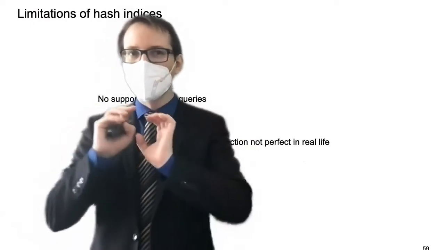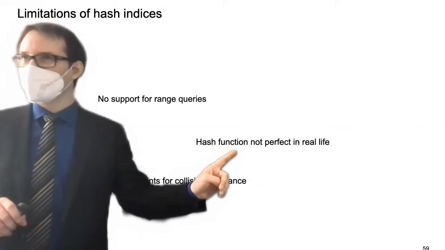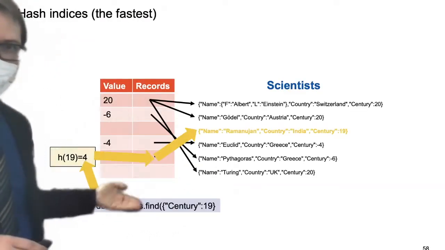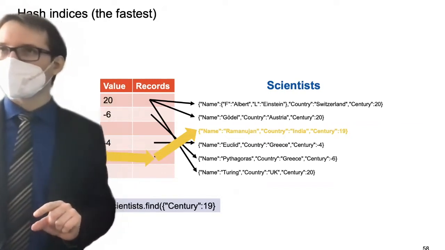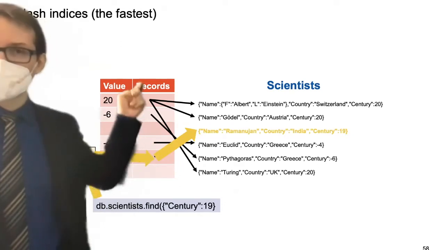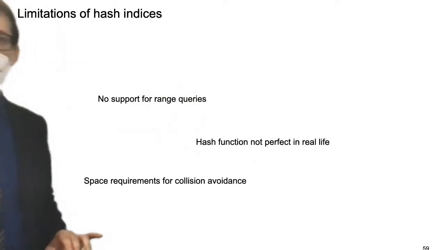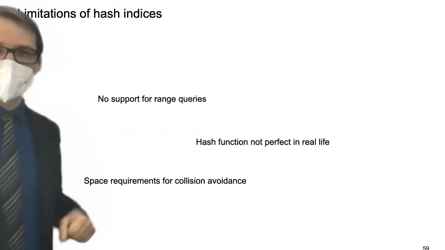It's just going to be a little bit slower. And so what you need, if you want to avoid these collisions and keep being fast, is a very, very large table with a lot of empty rows. So it consumes a lot of space to have a hash index like that. So you see, hash indices are ultra fast, but they have a few drawbacks.